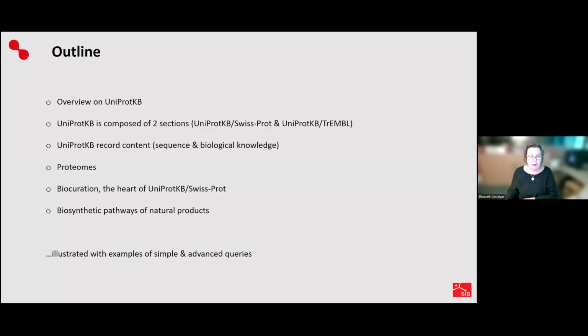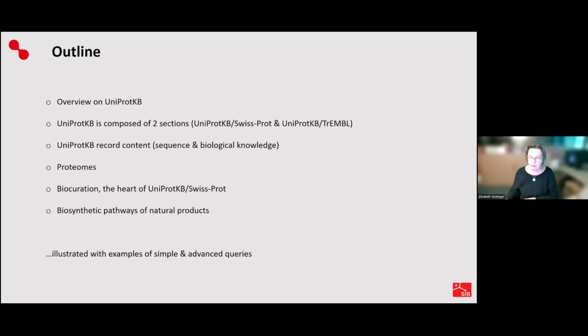The outline for the talk today is as follows. We'll provide first a concise introduction to the UniProt knowledge base. Then we will explore the differences between the two sections of UniProtKB, which are the reviewed Swiss-Prot and the unreviewed TrEMBL, in terms of content and information sources, and I will give you some important background to help you understand how to query and interpret your query results.